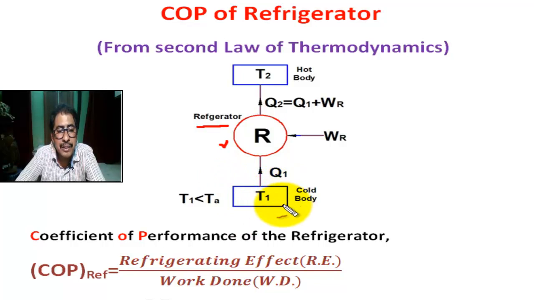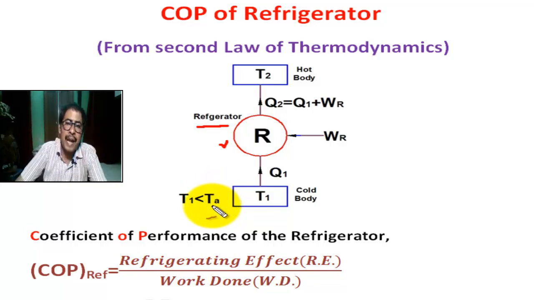This is the lower temperature source, cold body, temperature T1. Here temperature T1 is less than T ambient, the atmospheric temperature or ambient temperature.